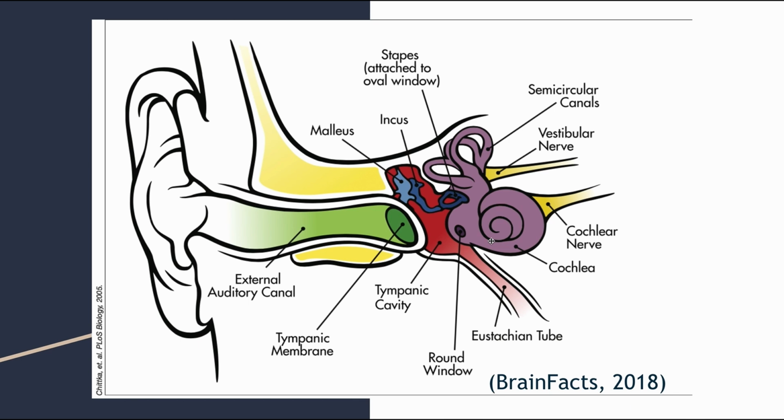The oval window converts the mechanical vibrations of the stapes into pressure waves in the fluid of the cochlea, which are transduced into electrical signals by specialized receptor cells, also called hair cells. These hair cells are located on top of the vibrating basilar membrane, which is a membrane inside the cochlea.